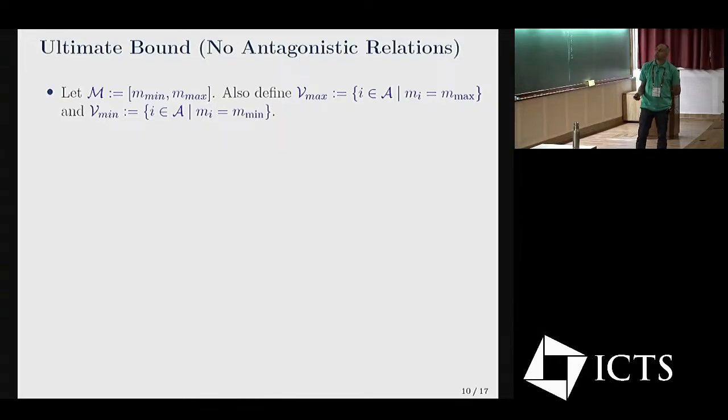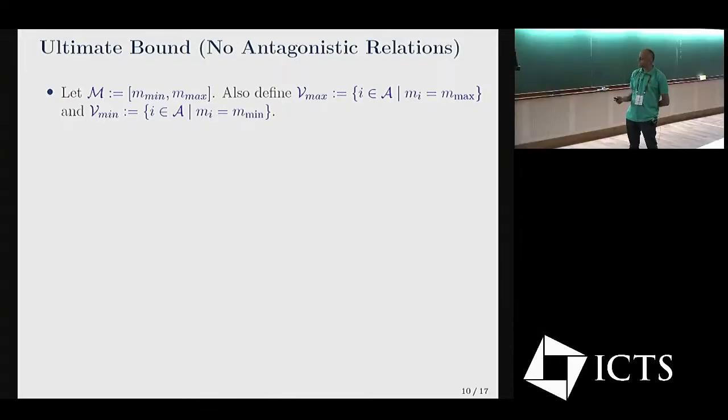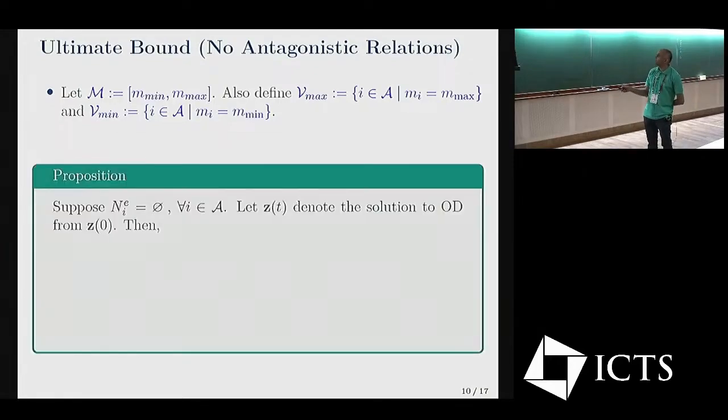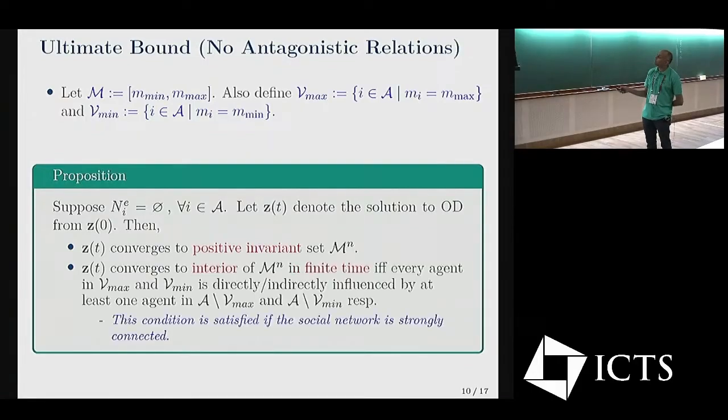Now, in particular, if we have no antagonistic relations, then we can say a lot more about this ultimate bound, right? So we have these m_i, which are the roots of the self functions, if you recall. And if you look at that, then you can talk about the ultimate bound in terms of that set, m_max raised to n.